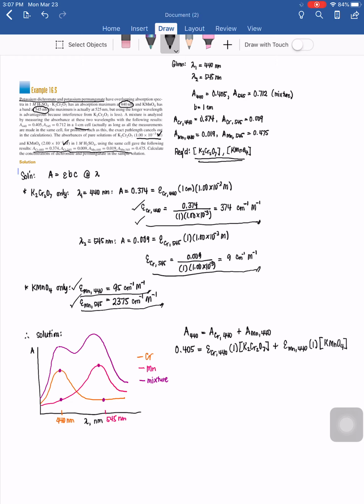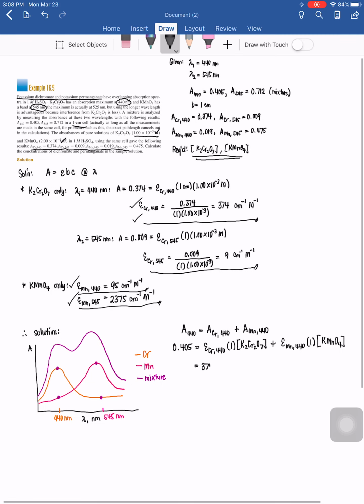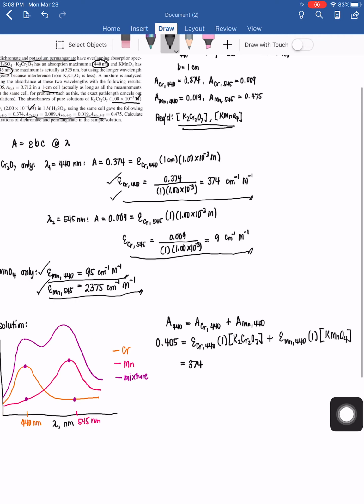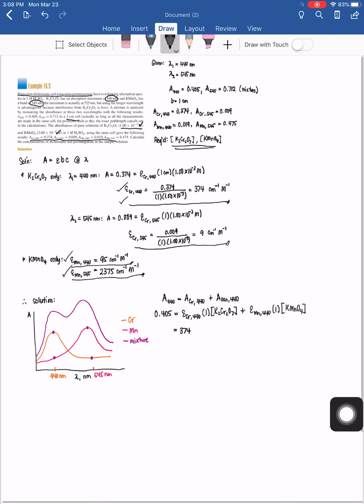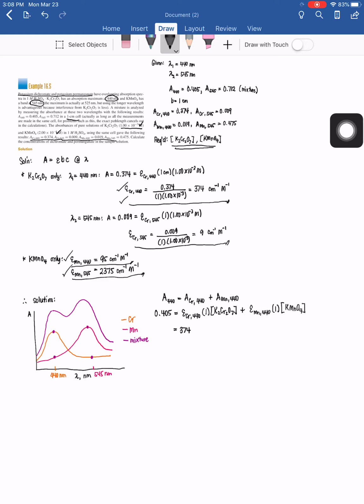Now we've already computed this one. For the molar absorptivity of chromium, that's given as 374 times the concentration of the dichromate. Let's simplify this one.